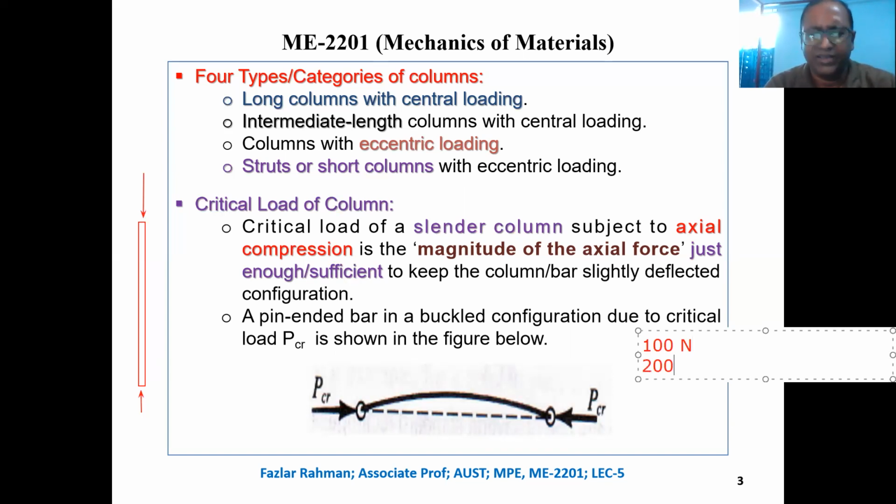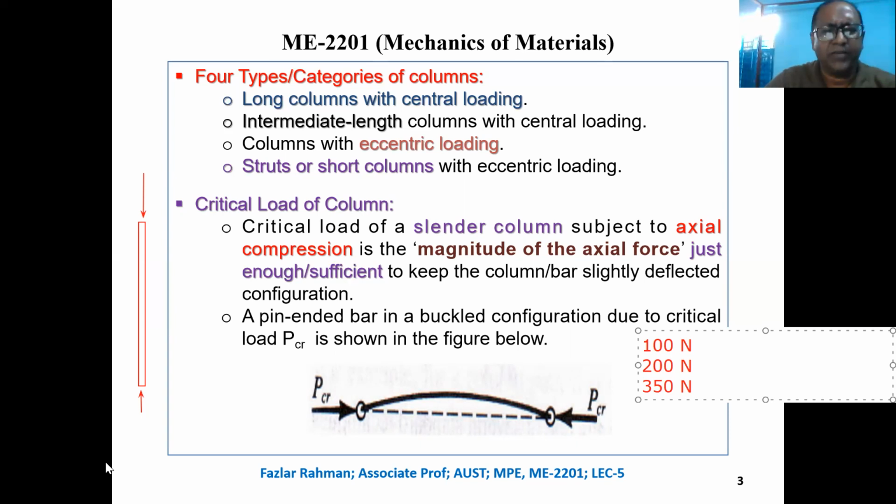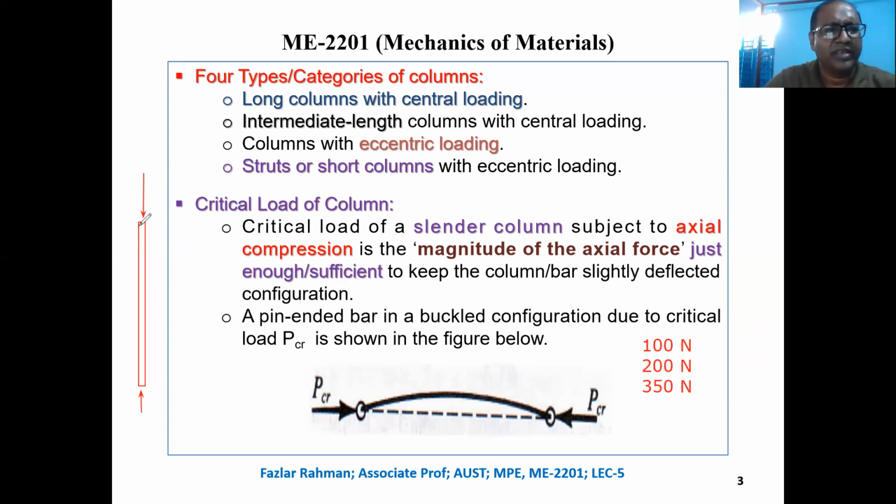You apply 200 Newton, gradually increasing the load, 300, say 350 Newton. With 100 Newton, the column is buckled a little bit like that. My line is not perfectly shaped, let me draw it.